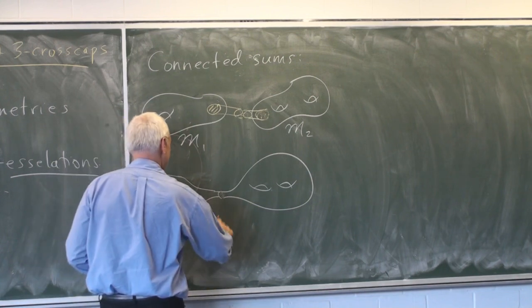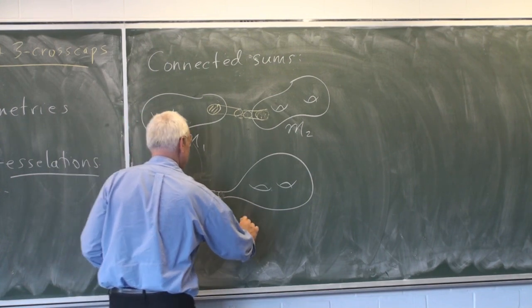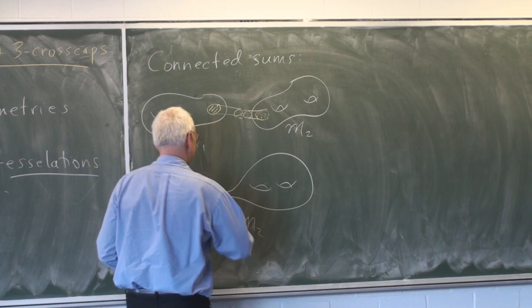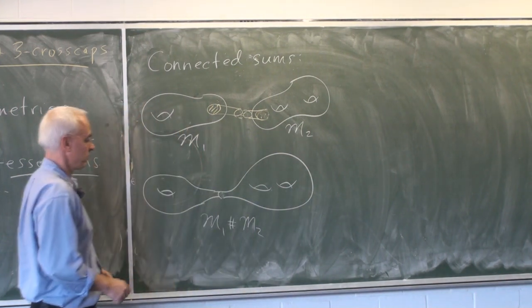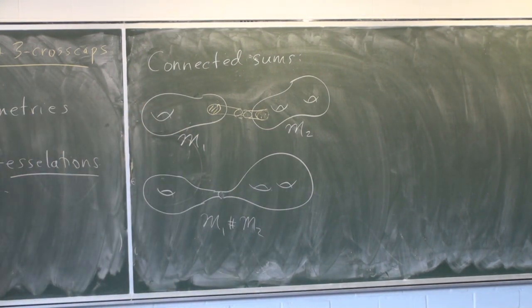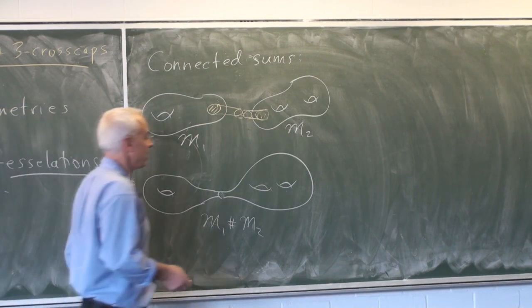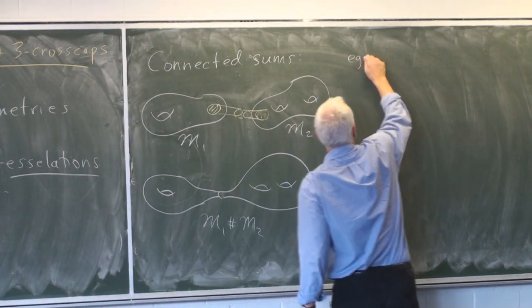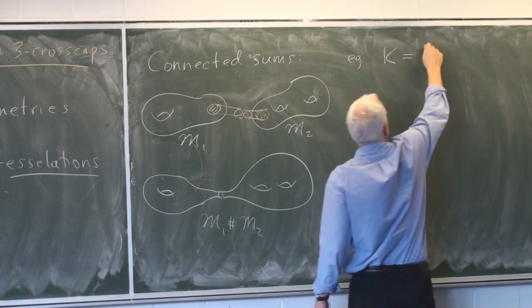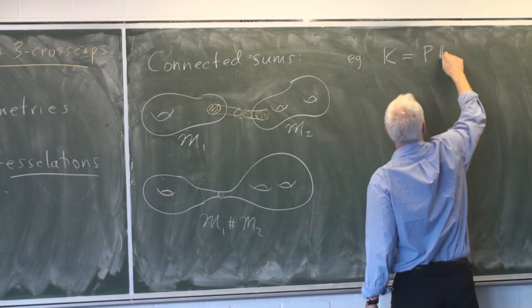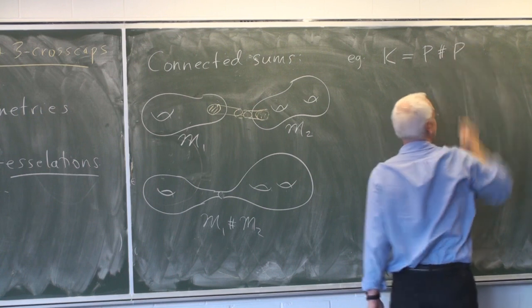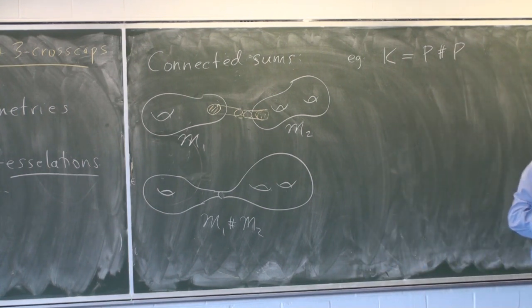And this one we might call M1 plus M2. It just gives us a notation for describing surfaces pleasantly. So for example, the Klein bottle is the projective plane connected with itself.